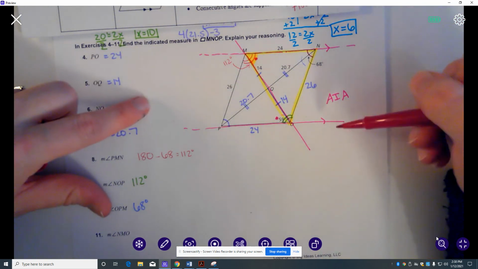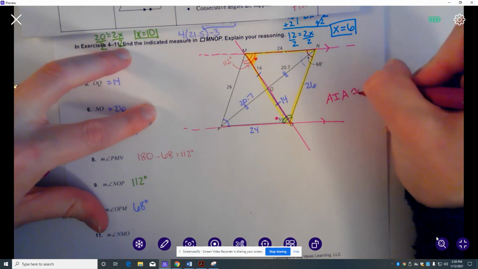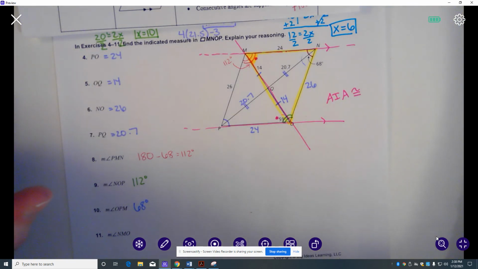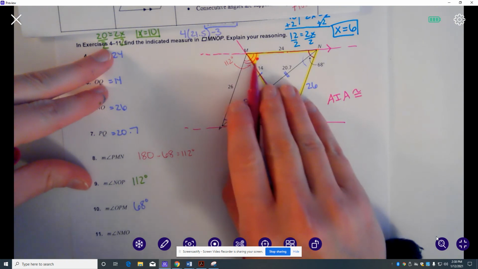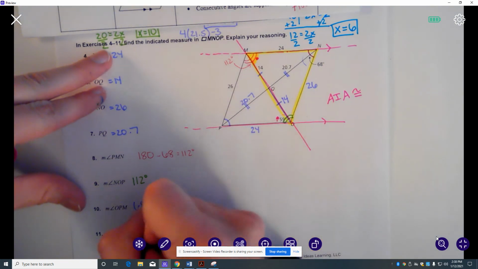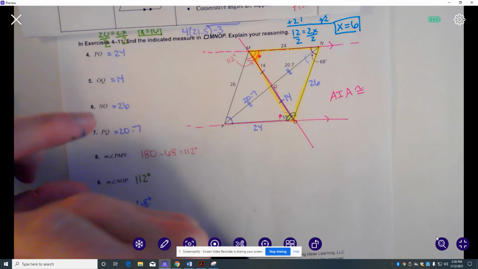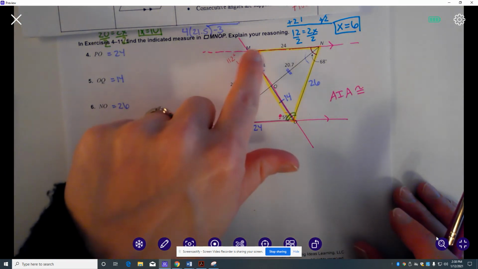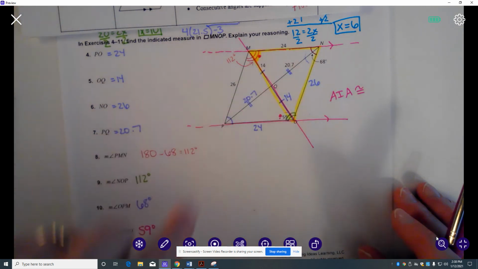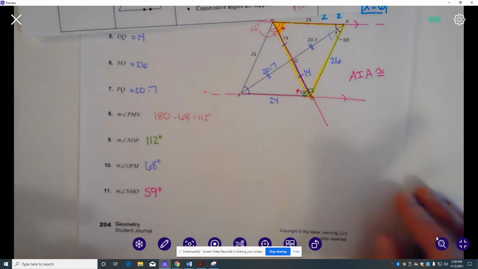We know that when the lines are parallel, alternate interior angles are congruent. So if this angle is 59 degrees, the measure of angle NMO is also 59 degrees. If you use the fact that angles in a triangle add up to 180, you should have also gotten that this angle is 59 degrees.